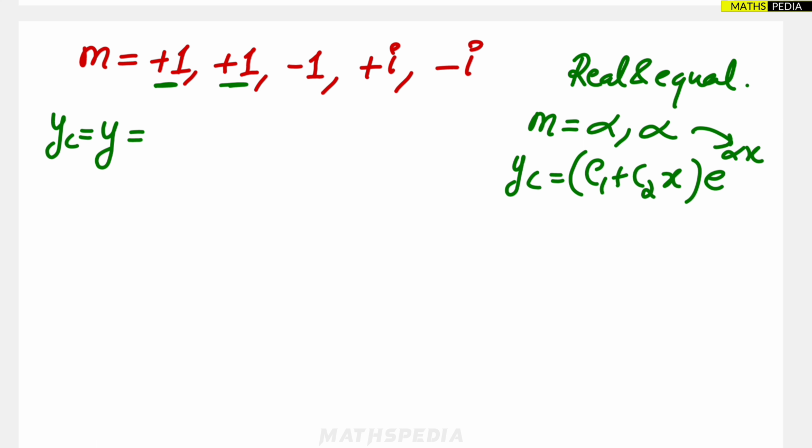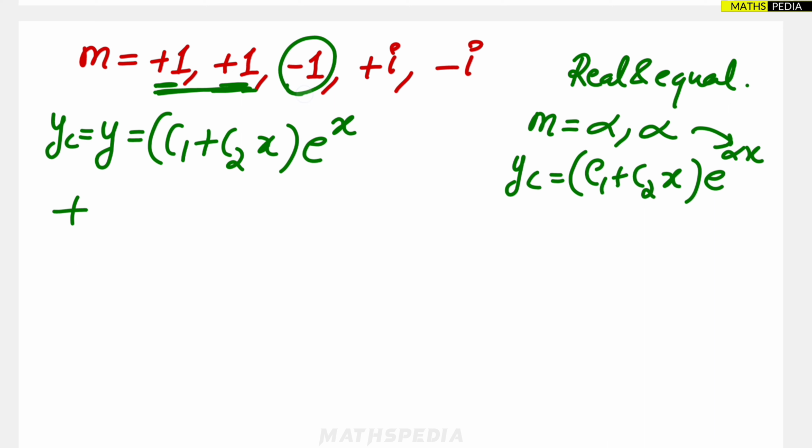So instead of alpha, you put 1. The first two roots will become c1 plus c2 x into e power 1x.